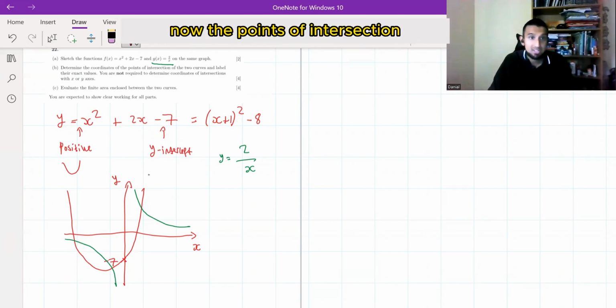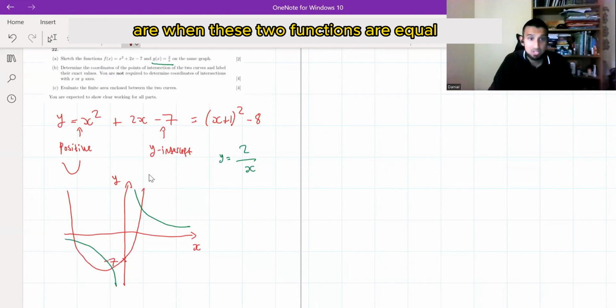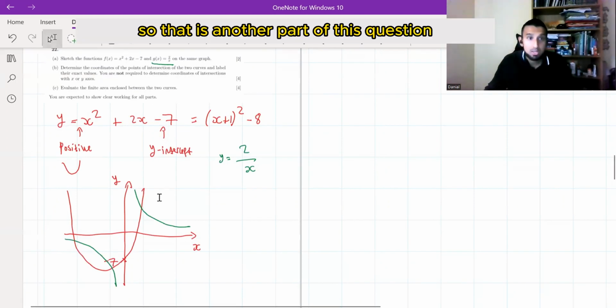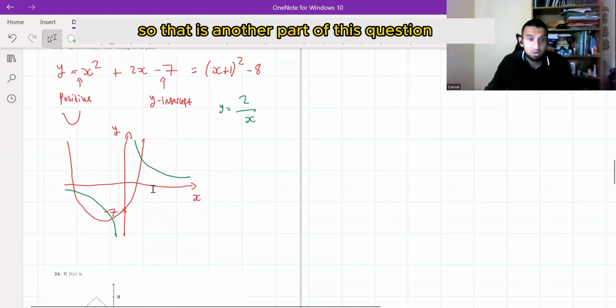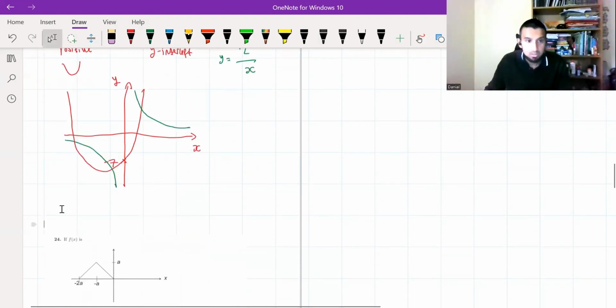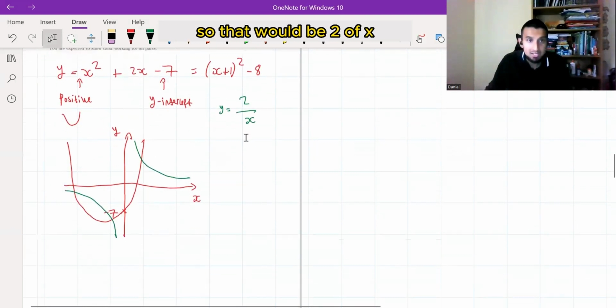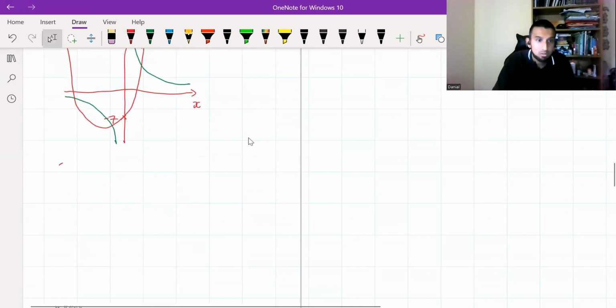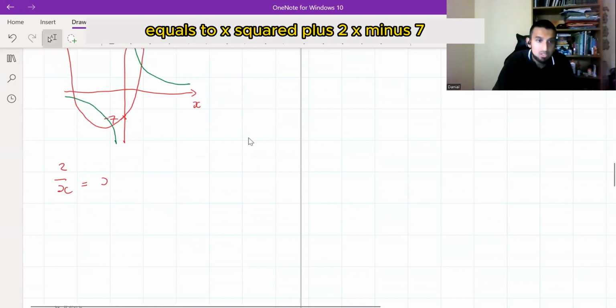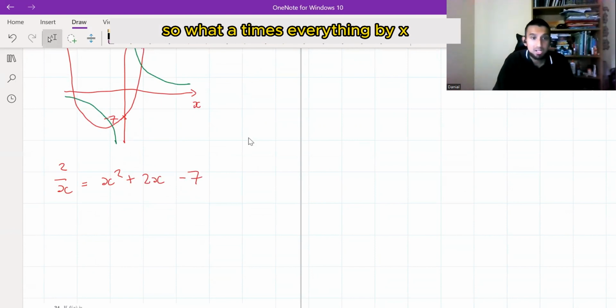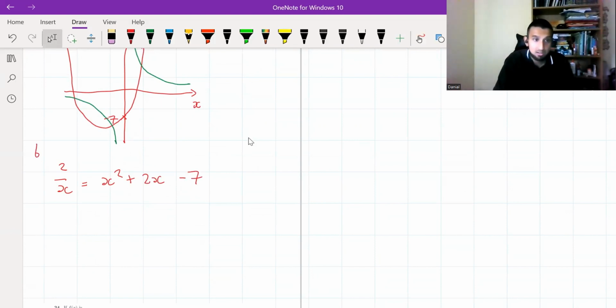Now, the points of intersection are when these two functions are equal. So that is another part of this question. So that would be 2 over x equals x squared plus 2x minus 7. So we want to times everything by x.